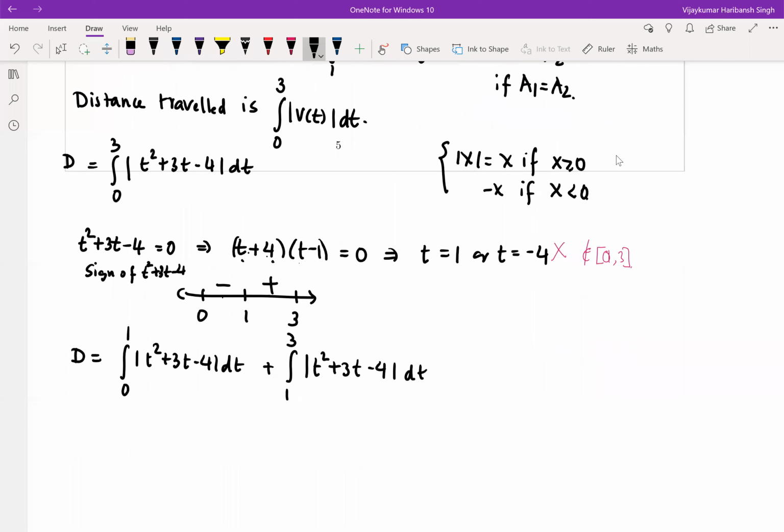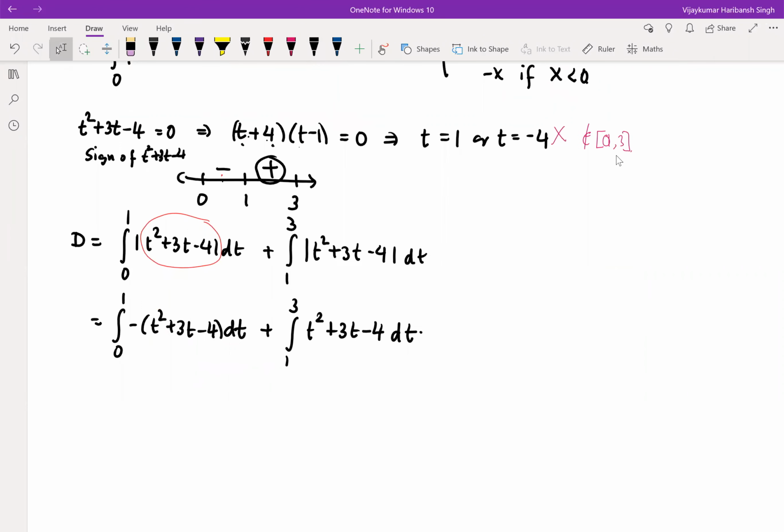So here you see between 0 and 1, this function has a negative sign. So when you want to get rid of the absolute value, you will put a minus sign in front of it, because the absolute value of a negative number is minus of that. And from 1 to 3, this function is positive, so we will write it as it is: t square plus 3t minus 4.